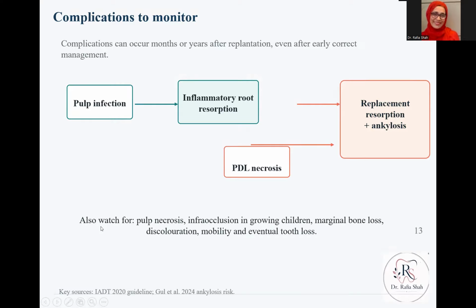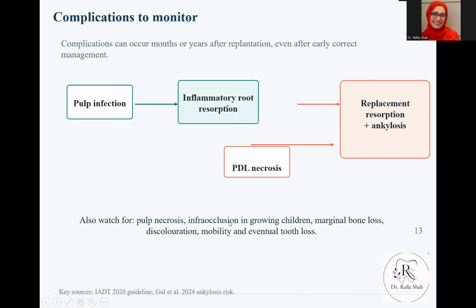Also watch for pulpal necrosis and infraocclusion in a growing child, when the patient is young and is coming to you at different visits. At the time you replanted the tooth there may have been no pulpal necrosis, but at each follow-up you have to evaluate radiographically and clinically whether any pulpal necrosis is going to happen or has initiated.